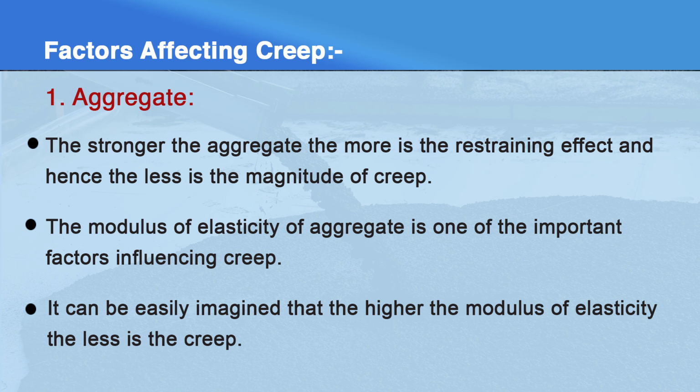It can be easily imagined that the higher the modulus of elasticity, the less will be the creep. Lightweight aggregates show substantially higher creep than the normal weight aggregate. Obviously, because of the light weight, they have less resistance against the loading.